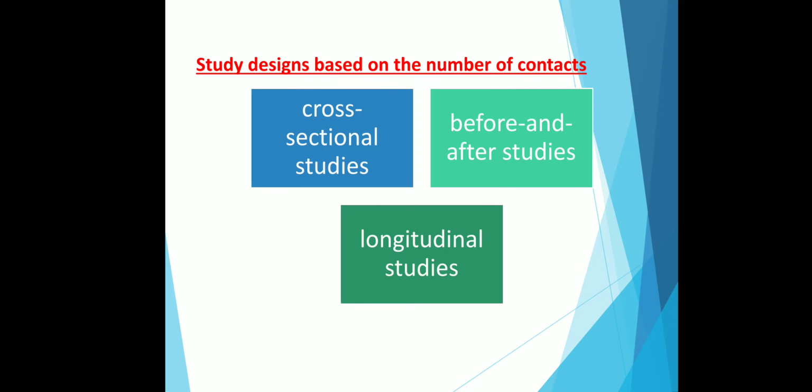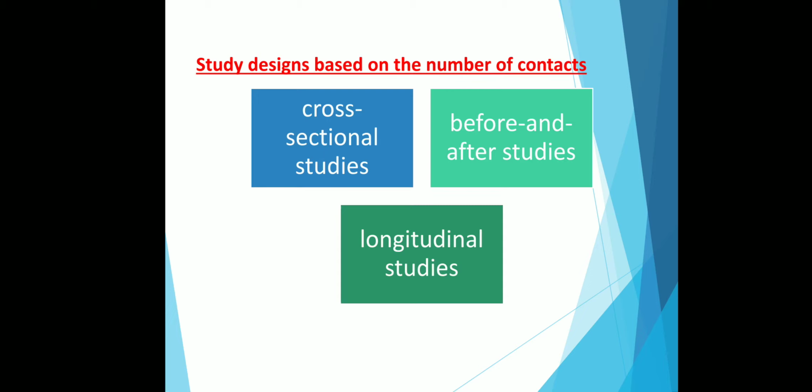The second is the before and after studies. The main advantage of this before and after study design is that it helps us to measure the change in a situation, issue, and problem that we were not able to measure in cross-sectional studies. A before and after design can be described as two sets of cross-sectional data collection points on the same population to find out the change between the two points in time.